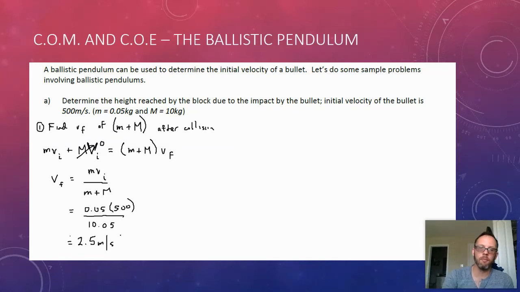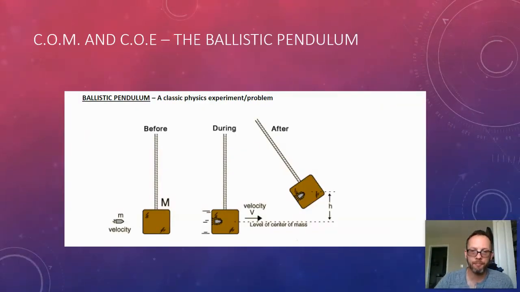All right, so I'm going to go back to my diagram. So now we have that after they've combined, right after the collision, we have this bullet-block combo traveling at 2.5 meters per second. And if we treat that center of mass to be h equals 0, now we're just taking all that kinetic energy that the pendulum has, and it's all going to be converted to gravitational potential energy at that point where the pendulum reaches its maximum height. We can find that height.